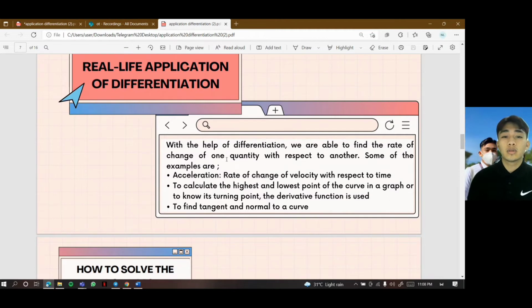Then, to calculate the highest and lowest points of a curve in a graph, or to know its turning point, the derivative function is used. And then to find the tangent and normal to a curve. Thank you. Now I give the slide to Claudia.